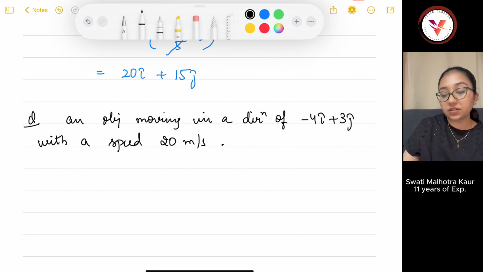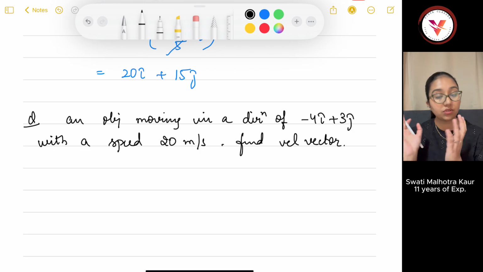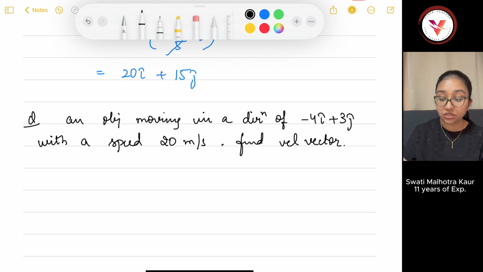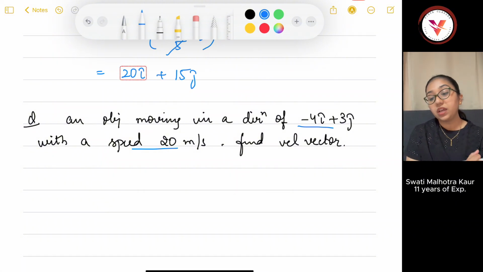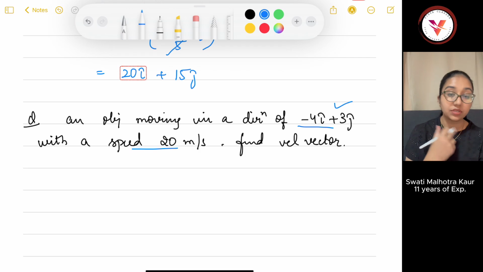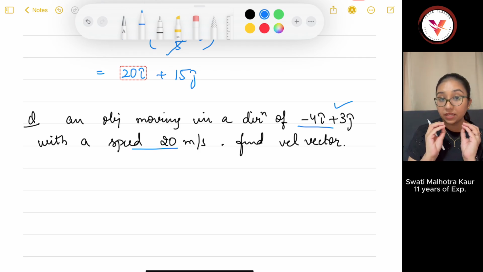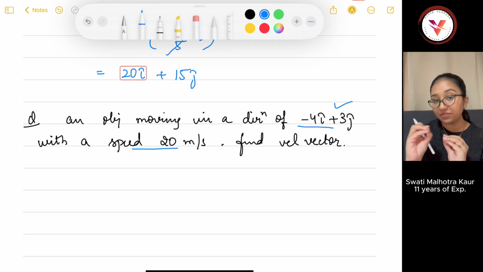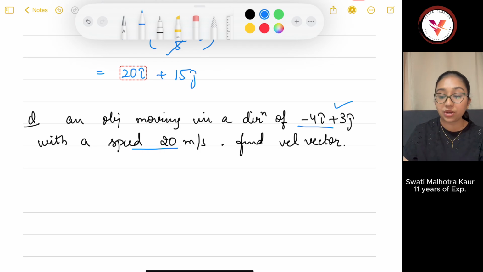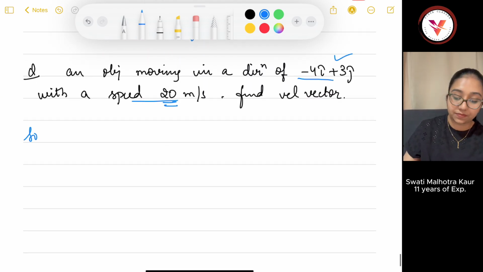Find the velocity vector. Now for the velocity vector, you should have magnitude plus direction. They have given you the speed, the magnitude, and the direction. But this direction could have some magnitude, so you have to get its unit vector. Then you have the direction with a magnitude of 1, and you can multiply with the magnitude of 20 to get its velocity vector.